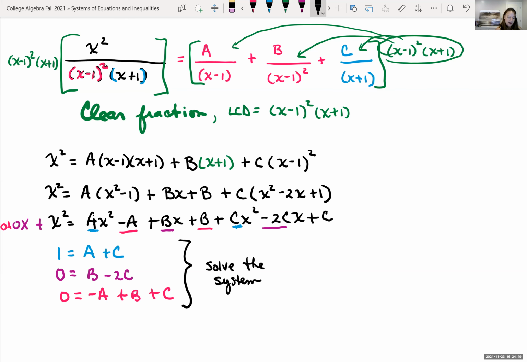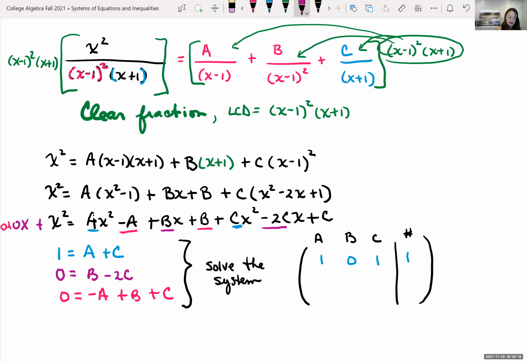So I'm going to rewrite my matrix. So I have my coefficients of A, B, C, and then my augmented matrix equals the constant on the other side. So my coefficients for my first equation are 1, there's no B, 0, C is 1, equals 1.